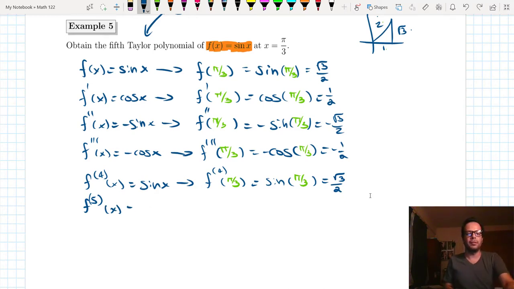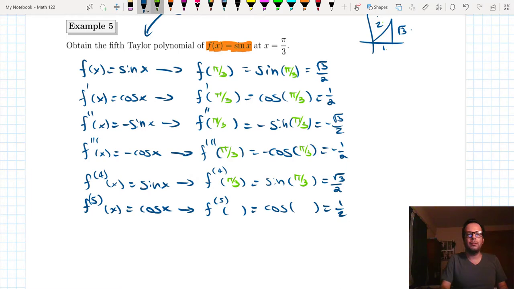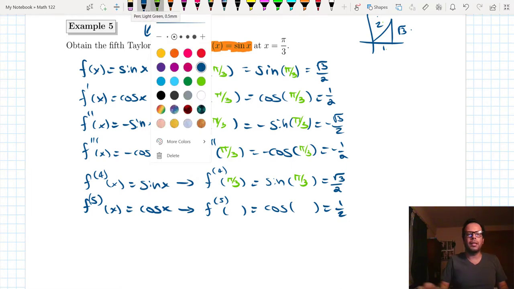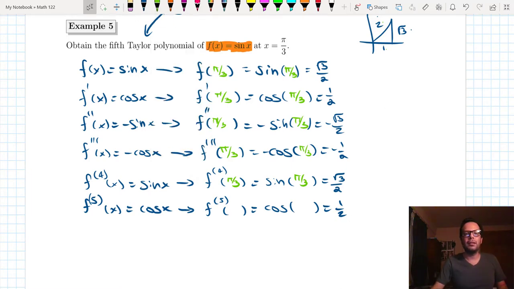Oops, silly mistake again. That's cosine x, cosine pi over 3. It's going to be 1/2. Again, I don't know why it doesn't let me change the color.